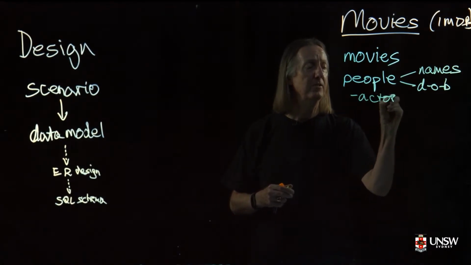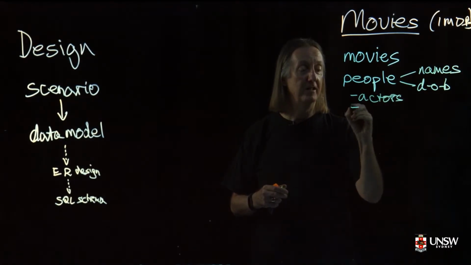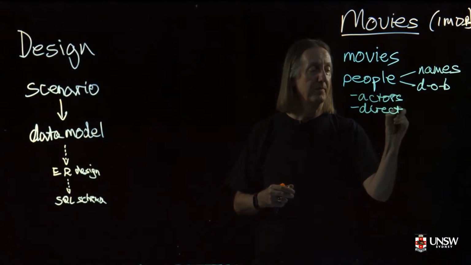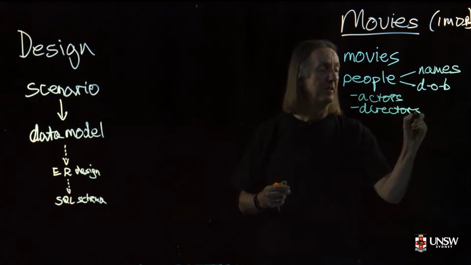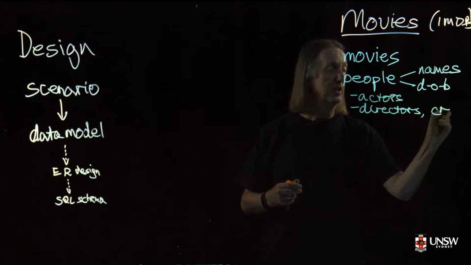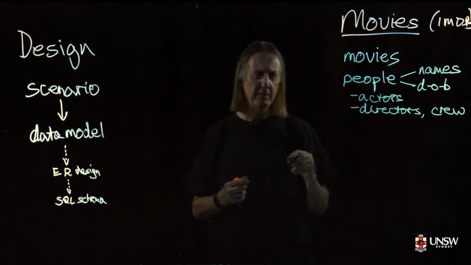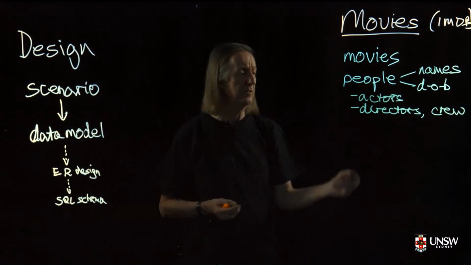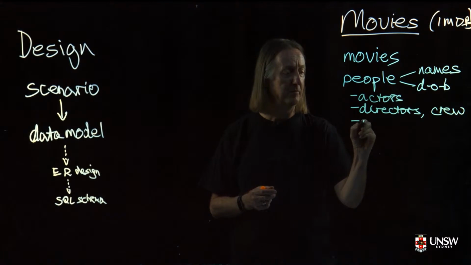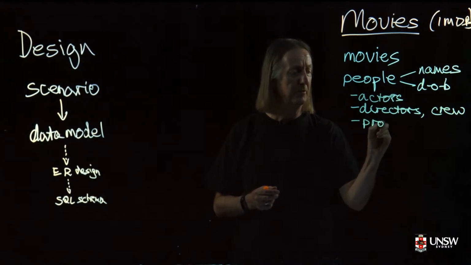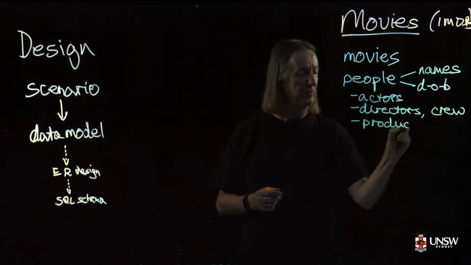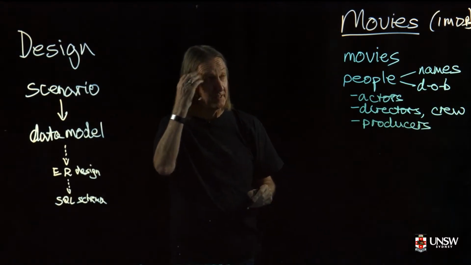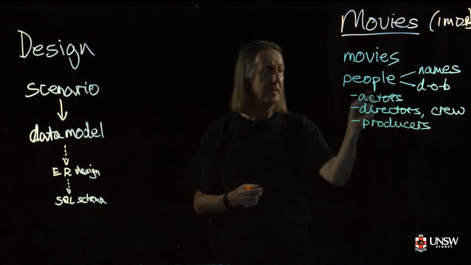There are actors, there are directors, and the crew in general. And then there are people who are associated with the movie, but they're not actually any of those. An example of that would be people like producers. So they provide the money to get the whole process going. So different kinds of people, but they're all people.